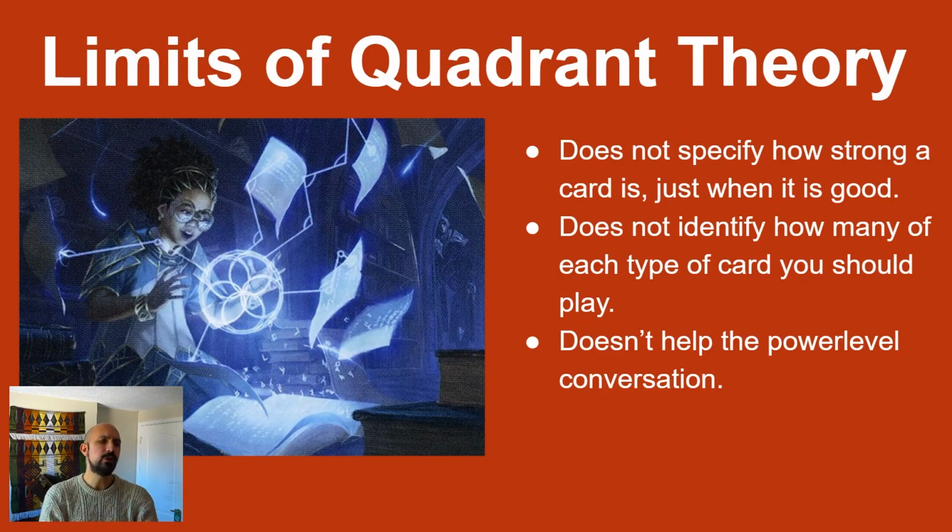Now, I do want to address there are limitations to Quadrant theory. The first one is this doesn't specify how strong a card is, just when it is good. Necropotence and Divination are very similar cards in essence, especially on that first turn, where with Divination you can draw 2 and with Necropotence you can slam it, pay 2 life, and at end of turn you end with 2 other cards in your hand.